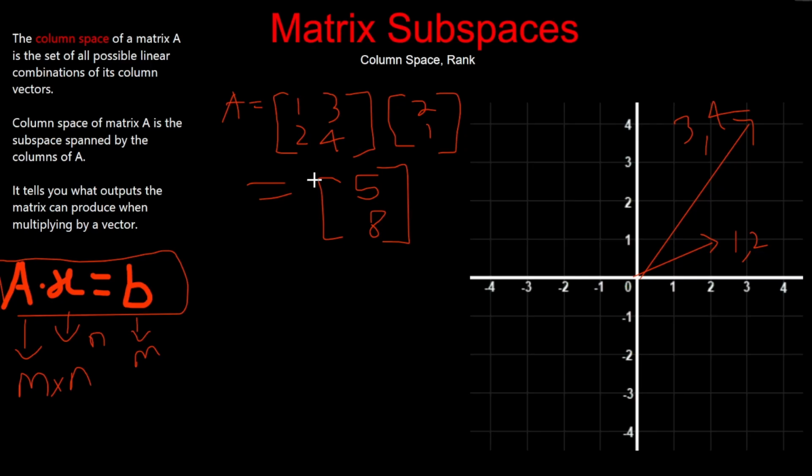So let's take another example where the columns are linearly independent, and we just multiply that with the vector. These are represented in the graph here, and we have this output 5 8. If we think about it, we can get any vector by multiplying the matrix with a vector, because the columns are linearly independent.